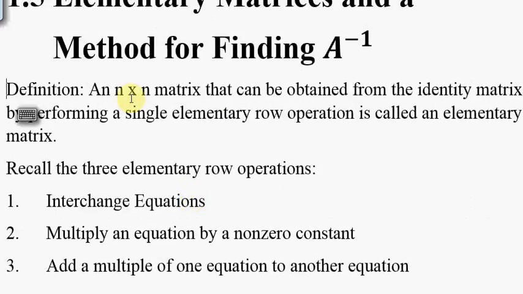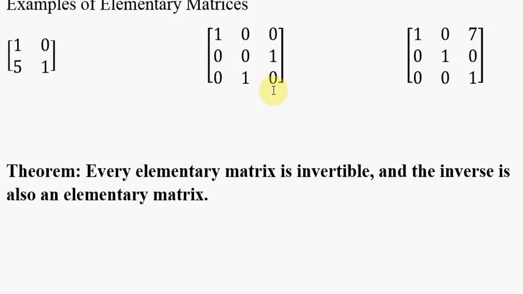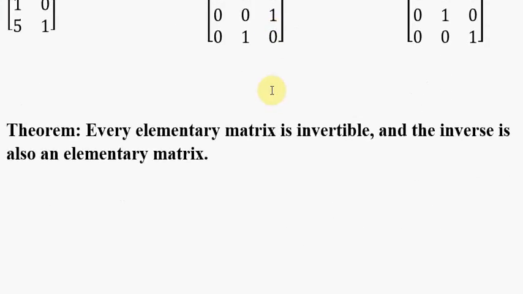So there's a definition there for the elementary matrix. It's a square matrix that can be obtained from the identity matrix by performing a single elementary row operation. Theorem: every elementary matrix is invertible, and the inverse is also an elementary matrix.